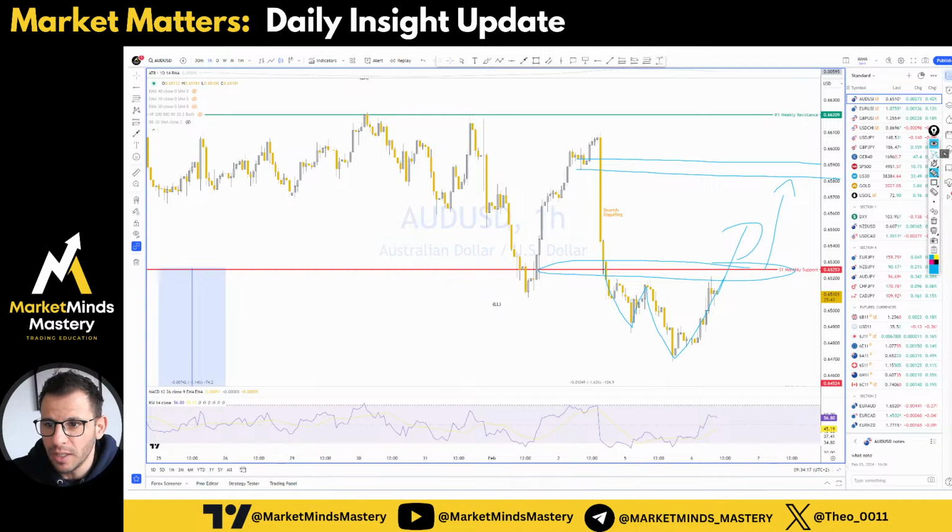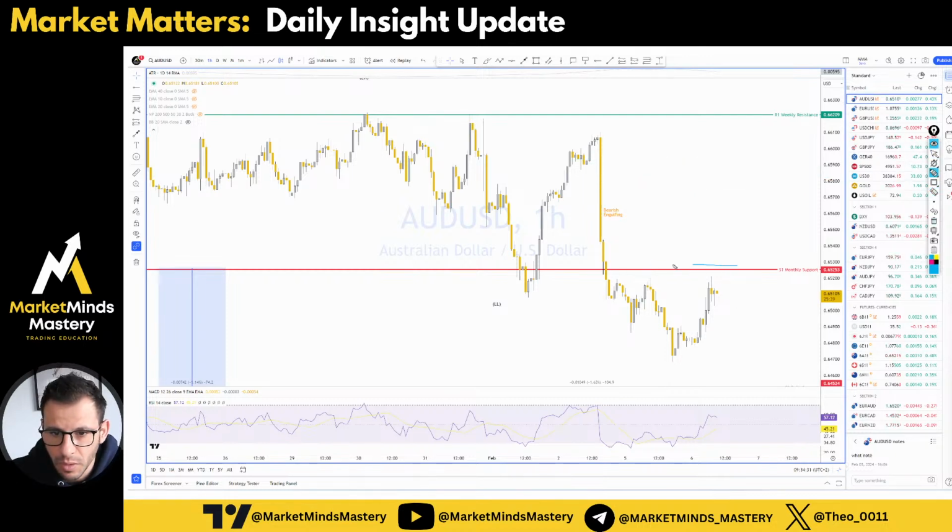But if we find some rejection at this point, somewhere there, we definitely expect the price to move lower. So keep this in mind, and maybe we're going to find some good trades from this level here, 0.65.